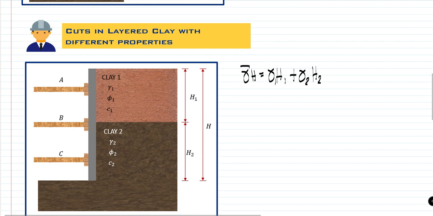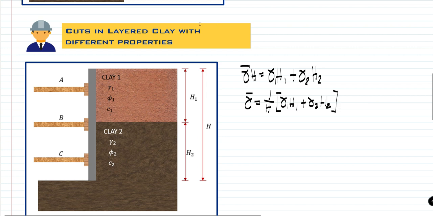So, from this one, we can get the modified unit weight nung dalawang clays natin, which is gamma bar. So, that will be equivalent to 1 over H times gamma 1 H1 plus gamma 2 H2.